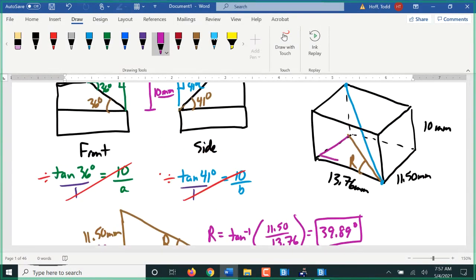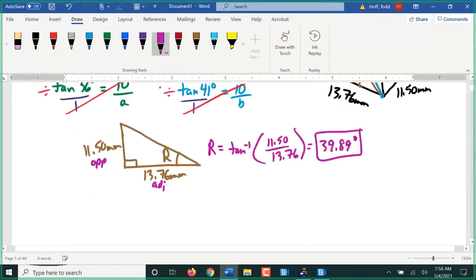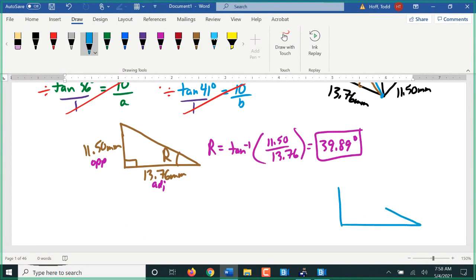That came off of this triangle down here. Our angle of tilt will come off of this triangle up here. And it's really not an angle of tilt. We're calling it angle A for right now. We know this dimension over here is the 10 millimeters that we chose, but we don't know any of the other dimensions. But we can find this hypotenuse here using our three-dimension Pythagorean theorem.